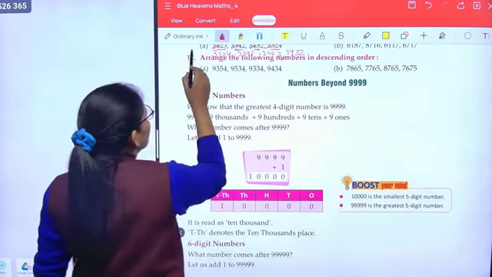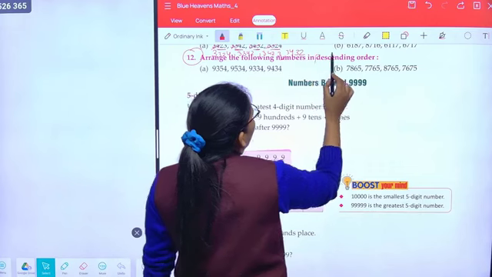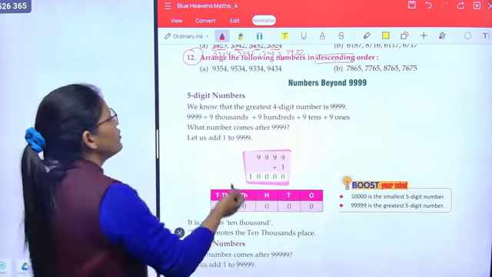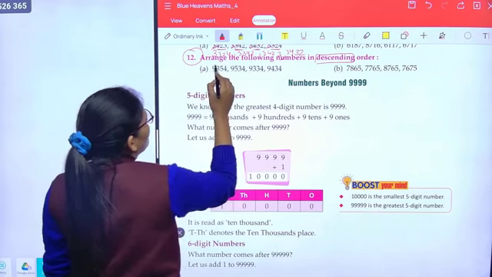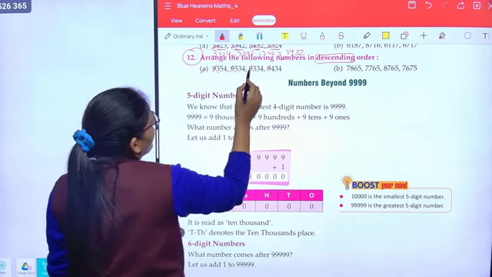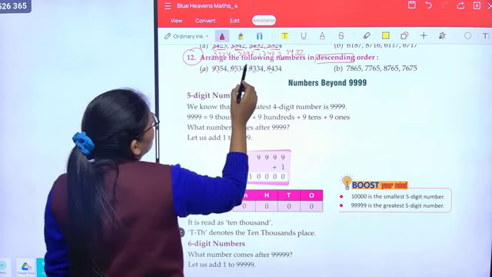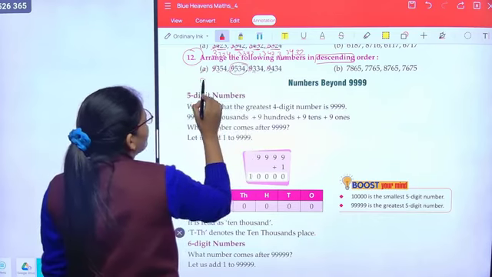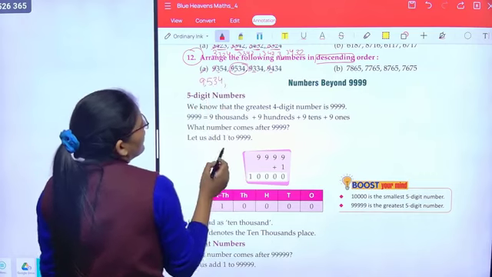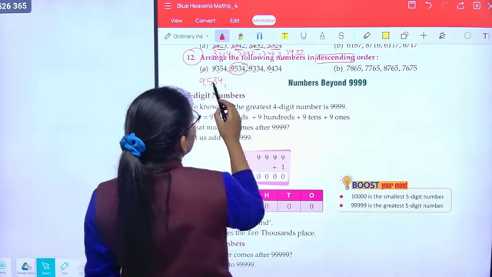Now students, question number 12. Arrange the following numbers in descending order. So now 9999, 3534. So we will write 9534. After that, which one is bigger?